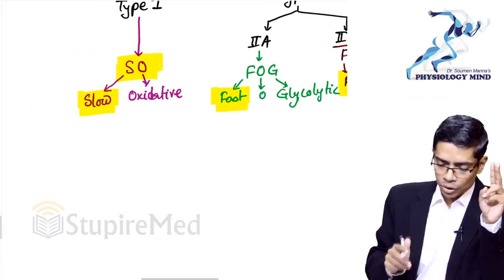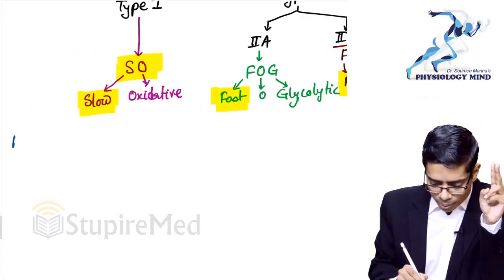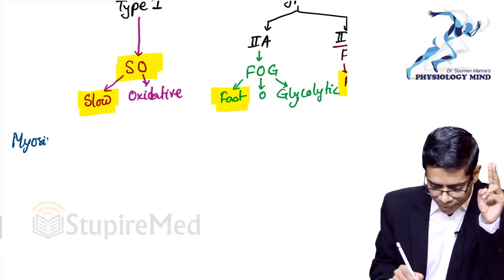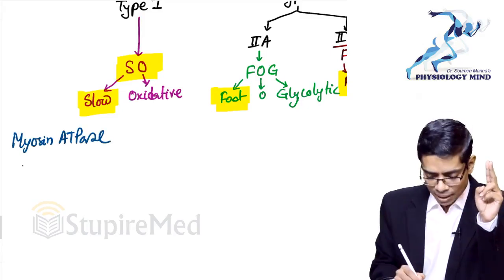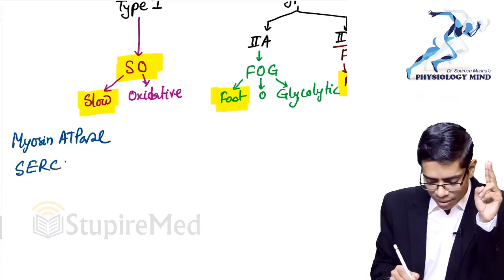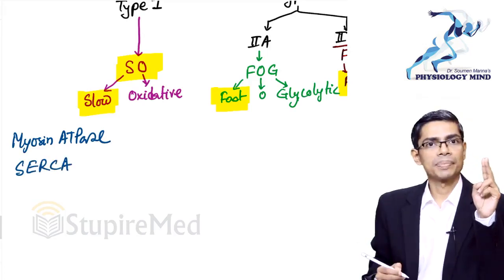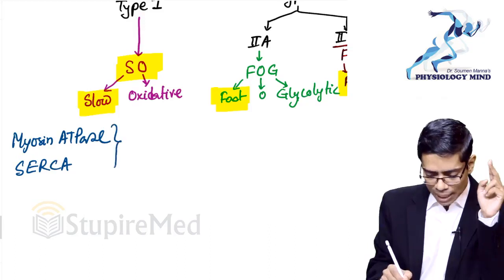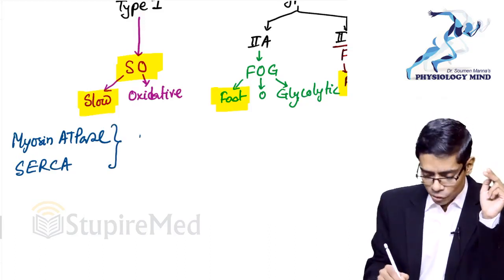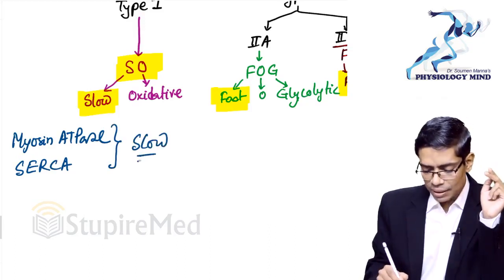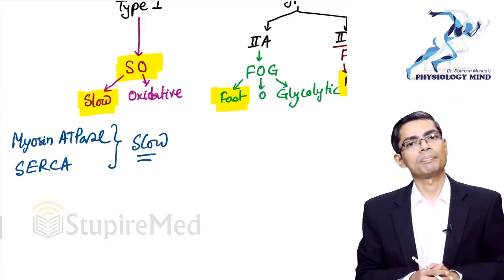These two enzymes. If your myosin ATPase and SERCA, the sarcopump, if these two enzymes are slow in nature, then contraction and relaxation will be slow.